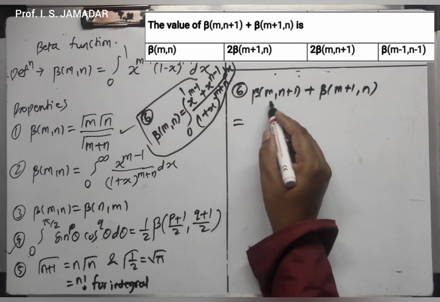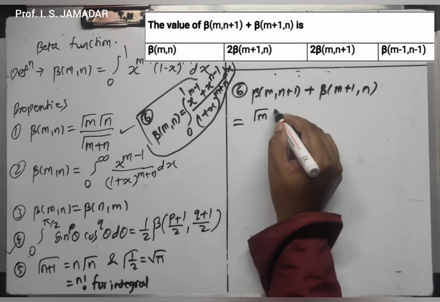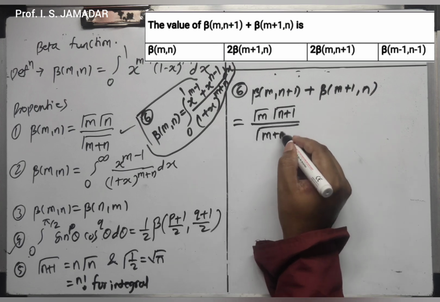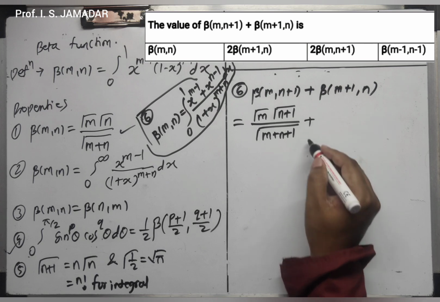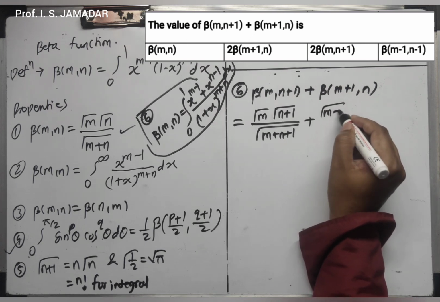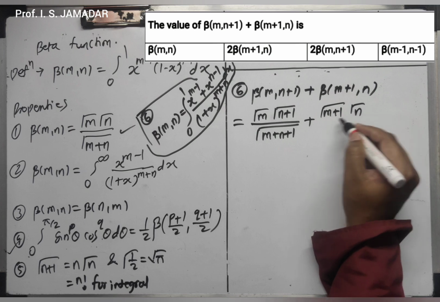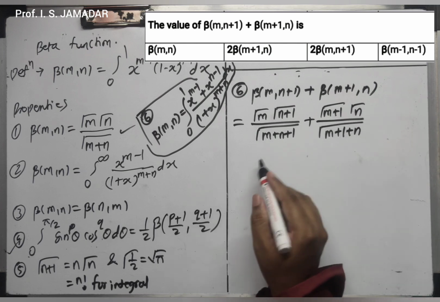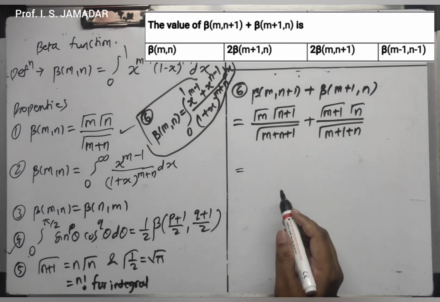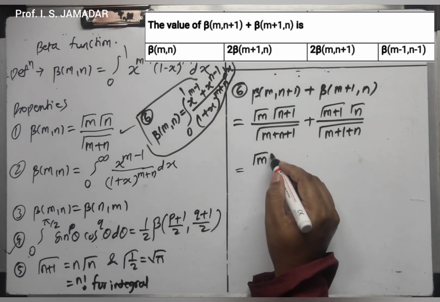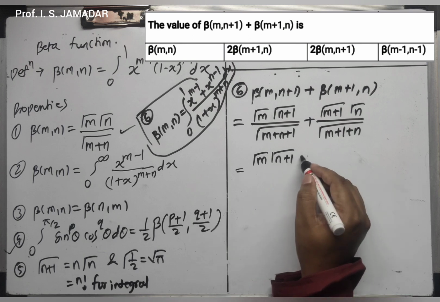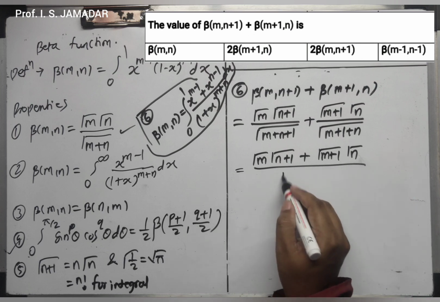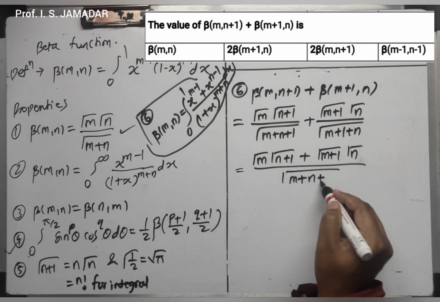So beta m comma n plus 1 will be gamma m into gamma n plus 1 upon gamma m plus n plus 1, plus, by the same relation, it is gamma m plus 1 into gamma n divided by gamma m plus 1 plus n, or m plus n plus 1. Both are same. Denominators are same. So we can write it as gamma m into gamma n plus 1 plus gamma m plus 1 into gamma n, divided by the denominator gamma m plus n plus 1.